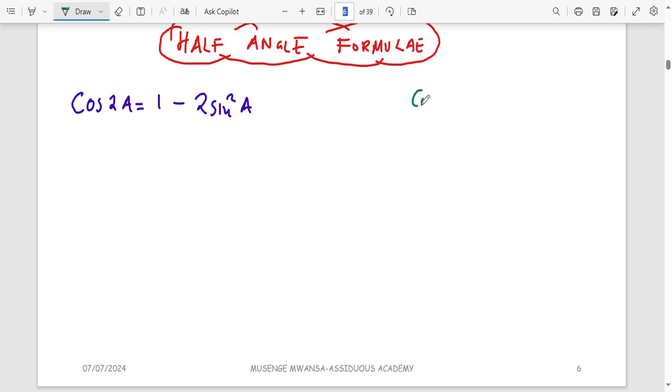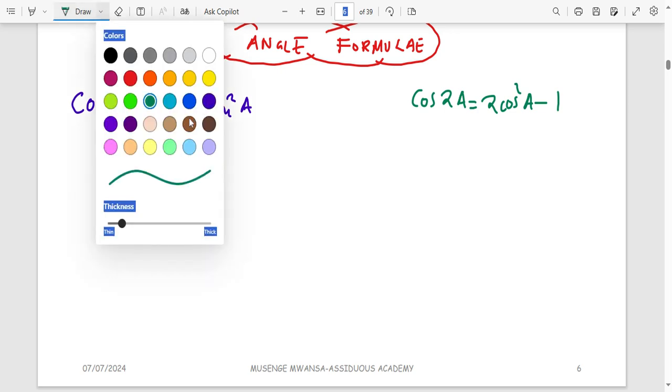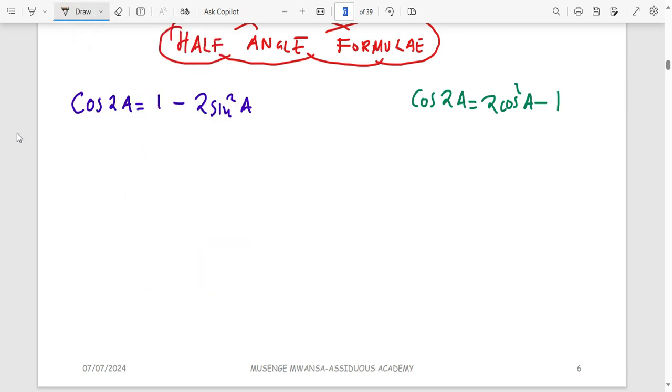We also found that cos 2a is 2 cos squared a minus 1. I want you to follow this well because it will really be interesting. Look at how we are getting the angles. What I want to do is make 2 sin squared a the subject of the formula. So what am I going to do?